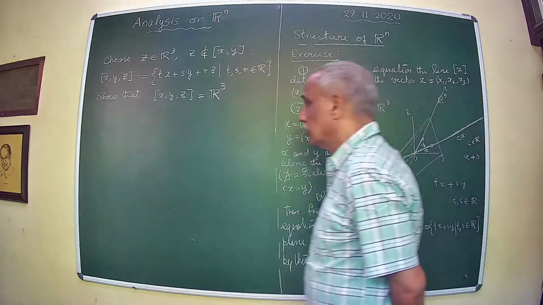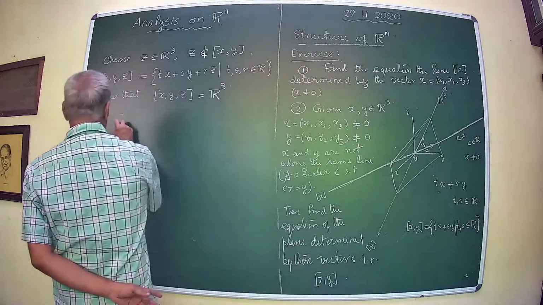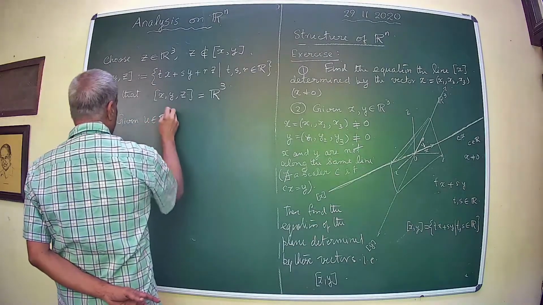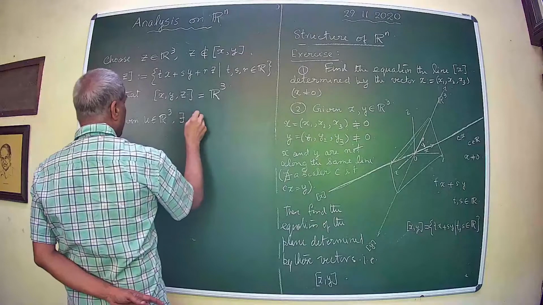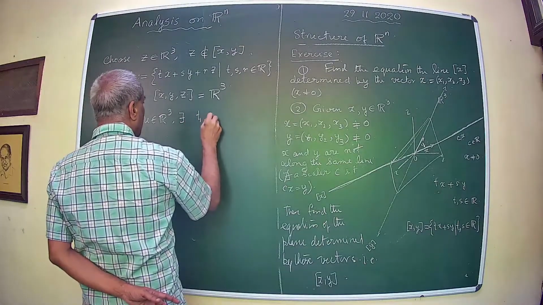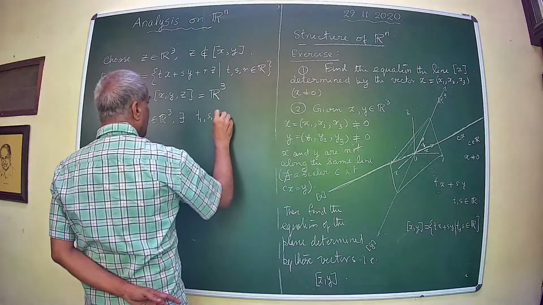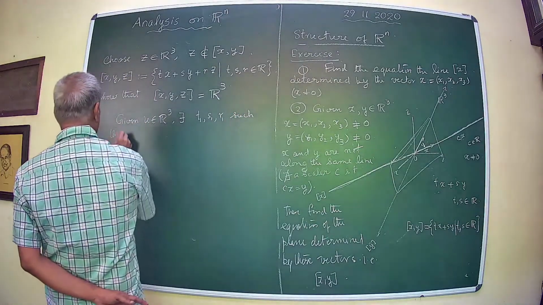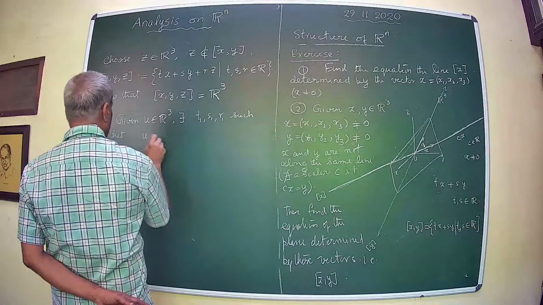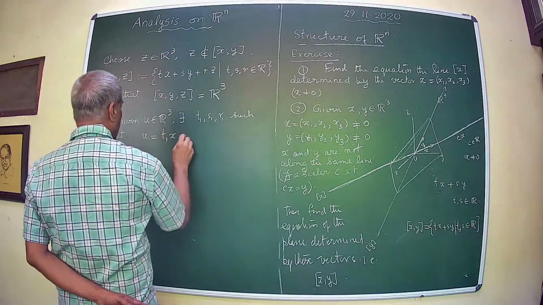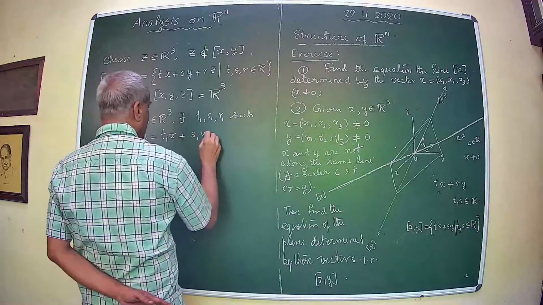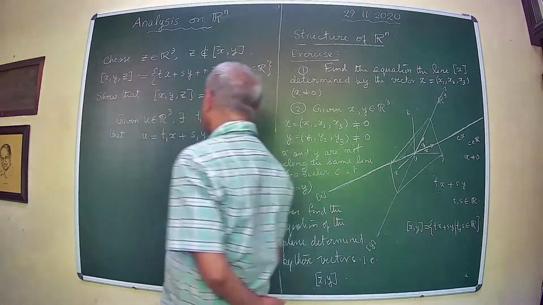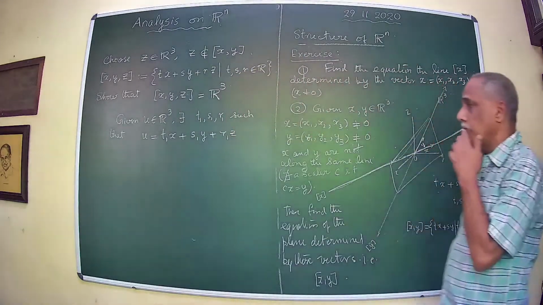So given U, T1, S1, R1 are uniquely determined.